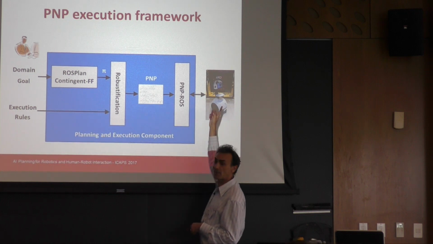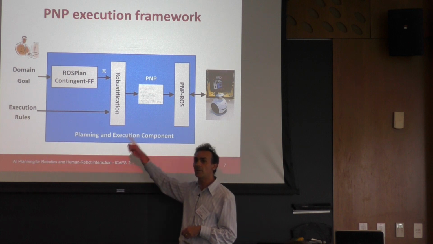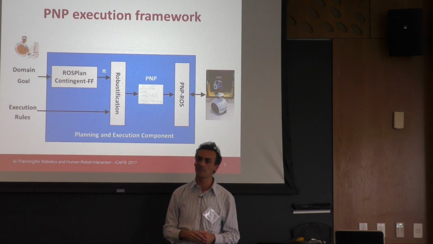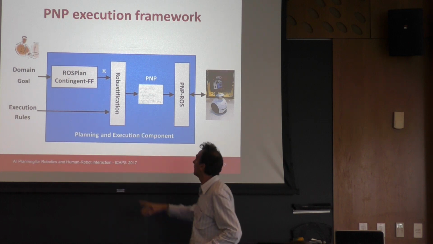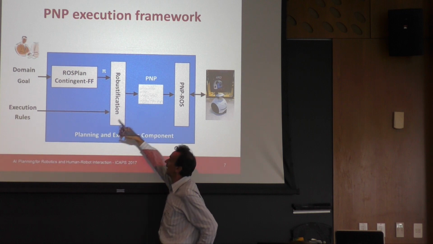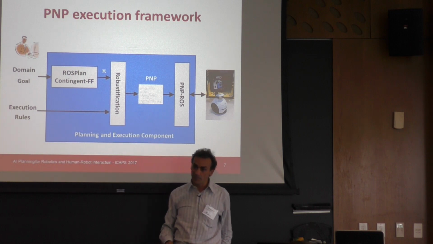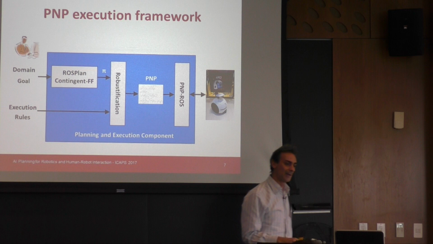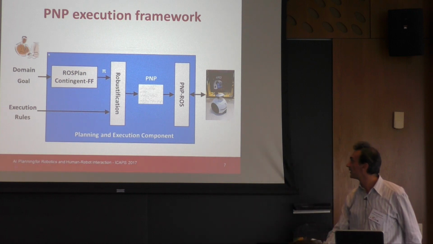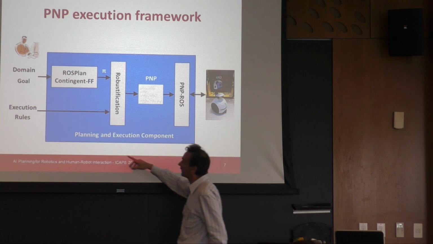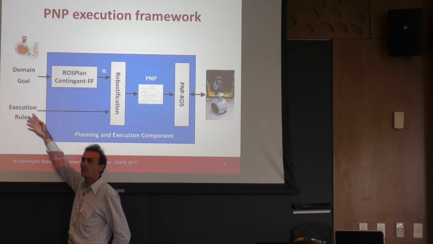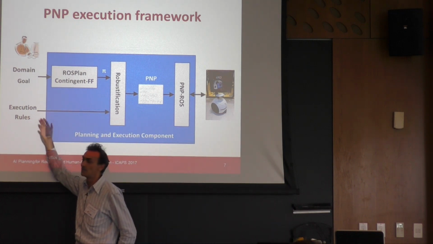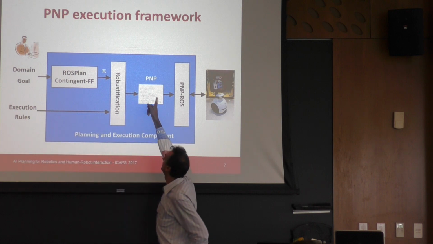So they will affect the behavior of the robot without affecting the complexity of generating the plan. And we will do this in such a way that everything will be in the PNP, and so we can fully model and understand what the robot is doing, because also these execution rules, the way in which the execution controller must act, will at the end be here.